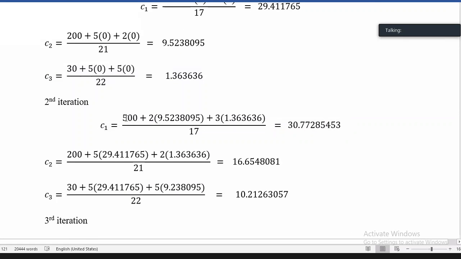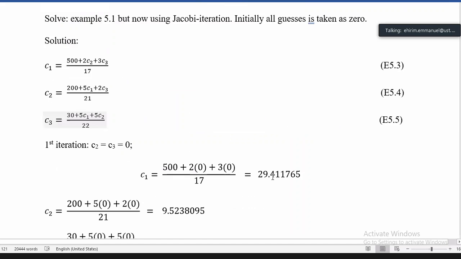See, we have C1, C2, C3. We calculate C1 and keep it. Then C2. See, we are not using the new C1. We go back here and use the C1 from the previous iteration, that's the one we are going to use.